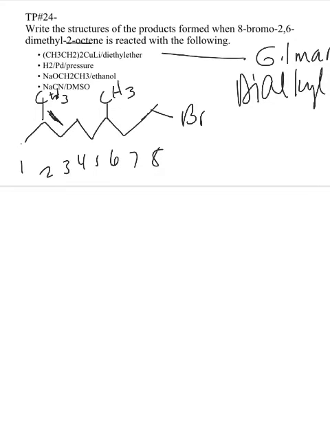Okay, so what functional groups do you have in this molecule? You need to always kind of look for acidic protons. Look for functional groups. Yes, you have an alkene between carbons 2 and 3. You have an alkyl halide, and that is on carbon number 8. Okay, so we have a cuprate reagent, and that makes carbon-carbon bonds with alkyl halides.